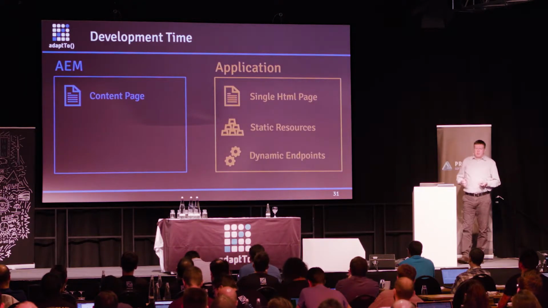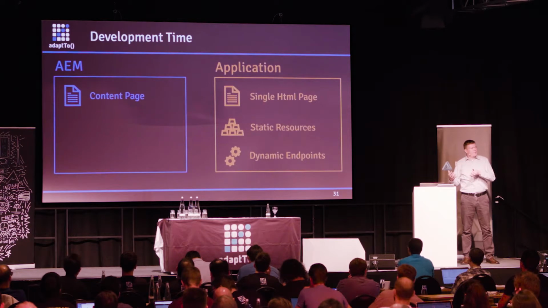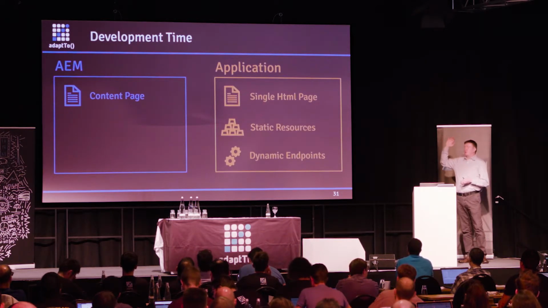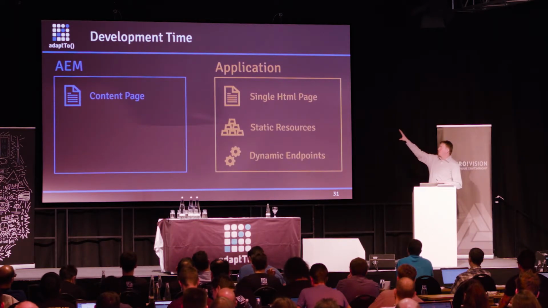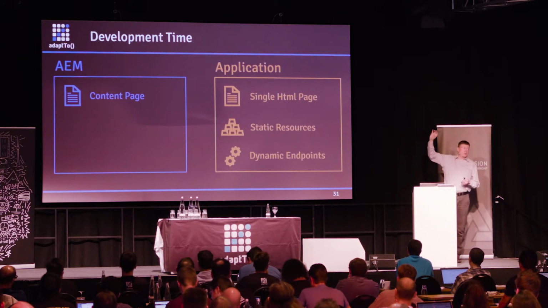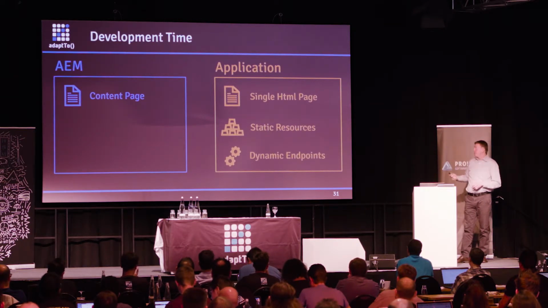Backend integration means we want to have the advantages that we have in the IFrame, that at development time, both things are completely separated. We have AEM doing the front end, the content page, and we have the application, the single page application, which has a single page HTML, static resources like JavaScript, CSS, images, fonts, whatever, and some dynamic endpoints like dynamic HTML or REST APIs.